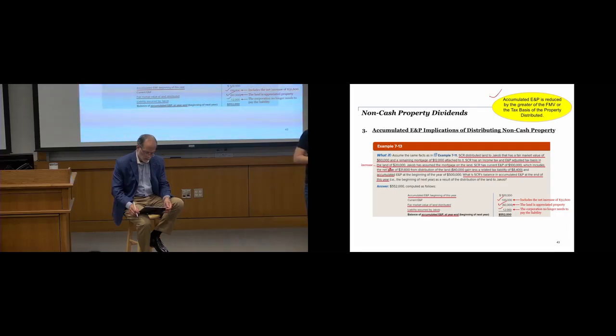Yep. So feel free to use the rule: accumulated E&P is reduced by the greater of fair market value or tax basis. Again, I would put on my economic hat here as well. I came into the year with 500,000. I made money of 100,000, which included the impact of that gain net of the tax on the gain on the land. So that went up 100,000.